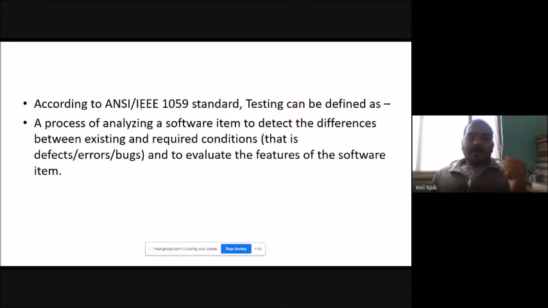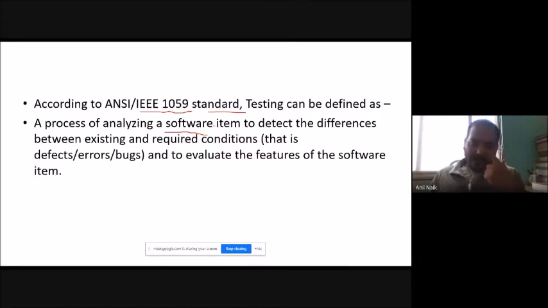According to the IEEE 1059 standard, testing can be defined as a process of analyzing the software item to detect the difference between the existing and required conditions.